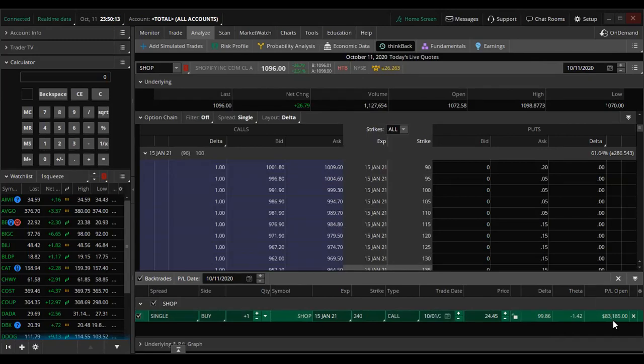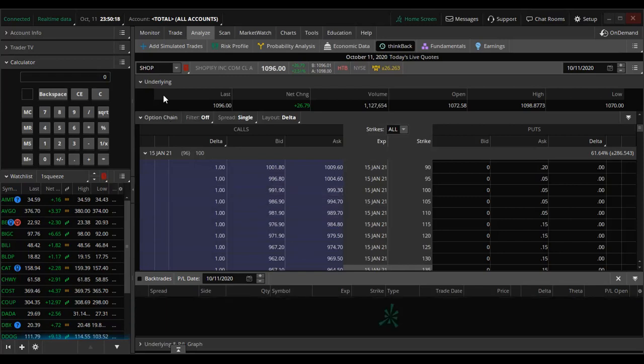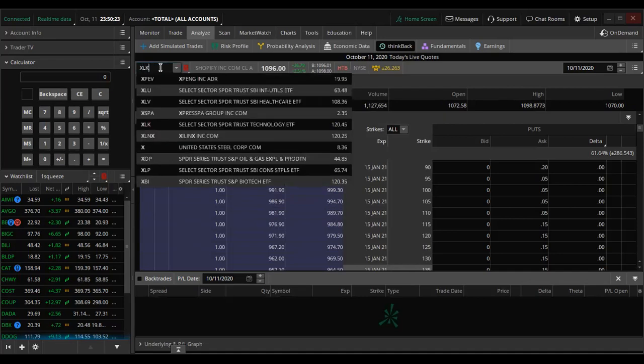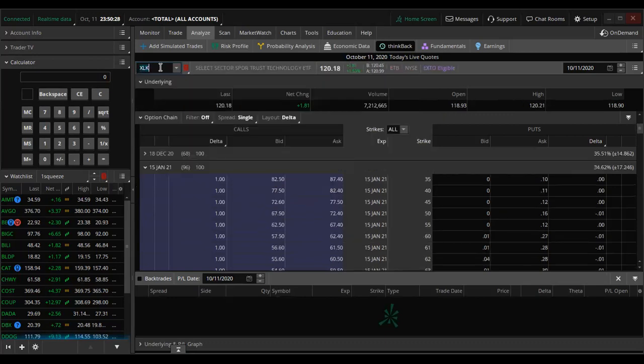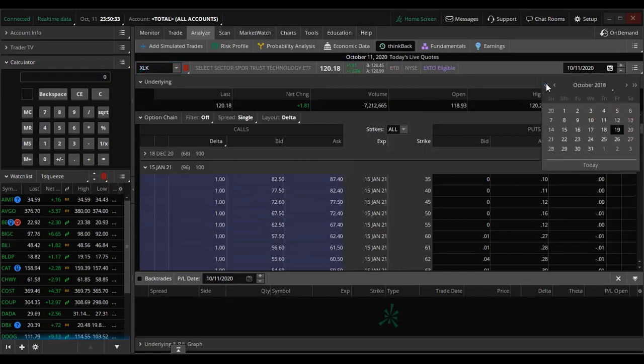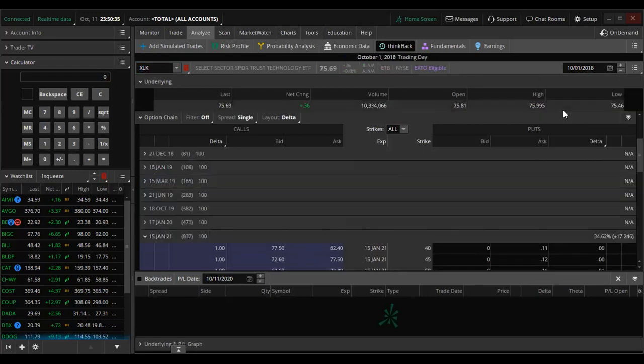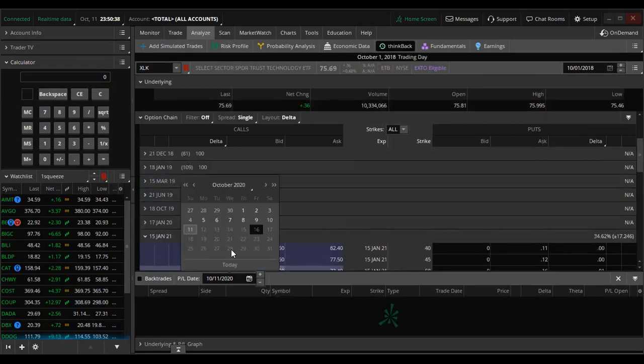So now what we're going to do is take a look at an ETF, XLK. The reason I'm doing this ETF is because this is almost the equivalent of a mutual fund, which means this is a basket of stocks that are invested in technology.